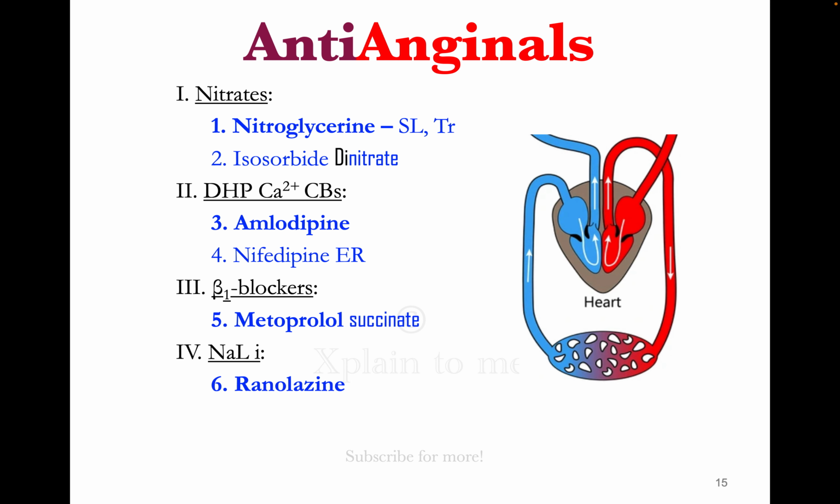Okay, another major adverse effect of nitrates, generally, is throbbing headache. If you have to remember two adverse effects of nitroglycerin, they are throbbing headache, or a migraine headache, and also orthostatic hypotension.